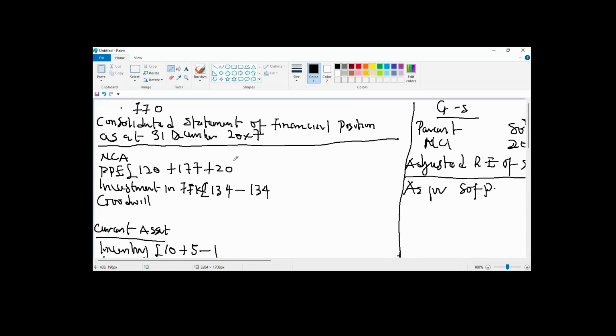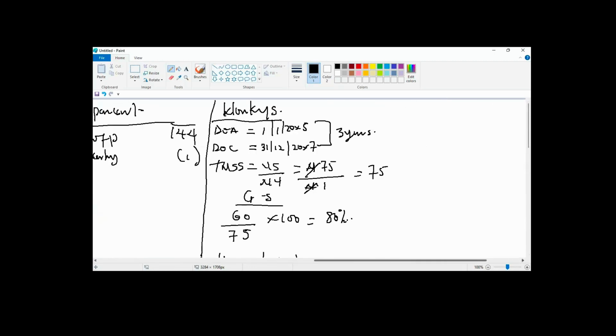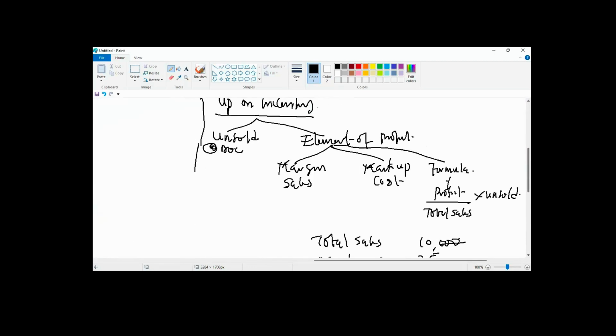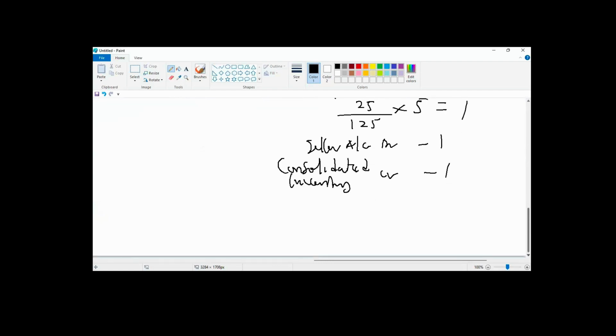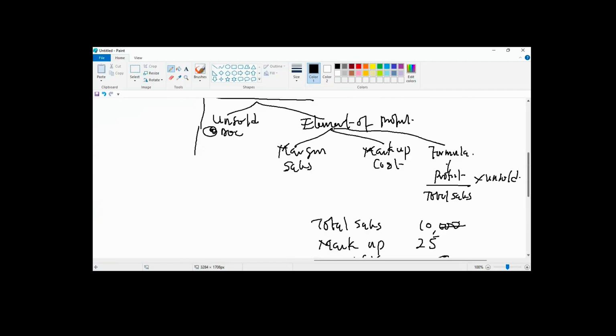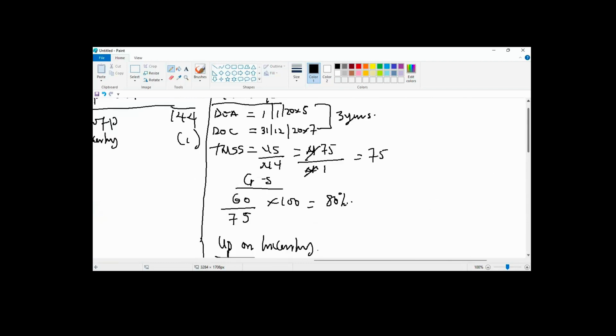Yes. That's all. And he has given, I need to charge depreciation. He has given me the useful life of the assets.